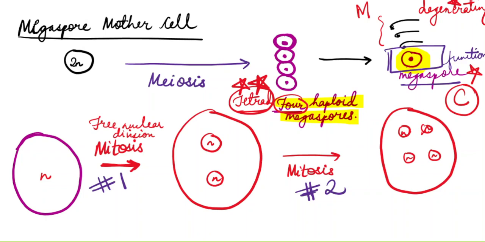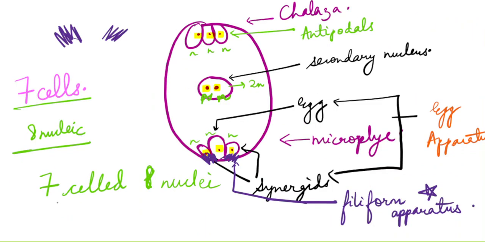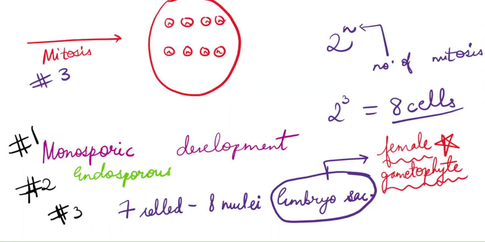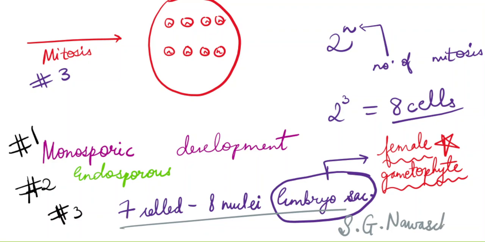One scientist name is left. I will tell you the name of the scientist also. This structure which I have written the name of here was discovered by S.G. Navashin. You should know the name of the scientist. Even the double fertilization topic was given by S.G. Navashin.